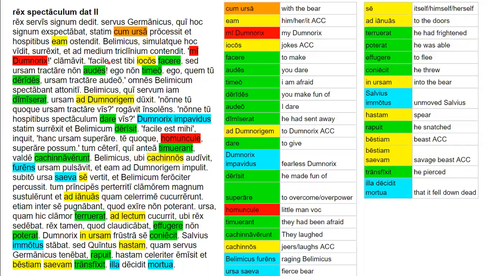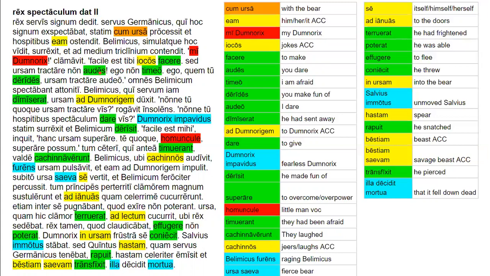Okay, so this is this construction that we learned a couple stages ago. So neuter adjective plus est plus dative pronoun plus infinitive plus direct object. Right? So it is easy for you, personal pronoun, to make jokes. Right? We get the word jocundity from this, iocos.